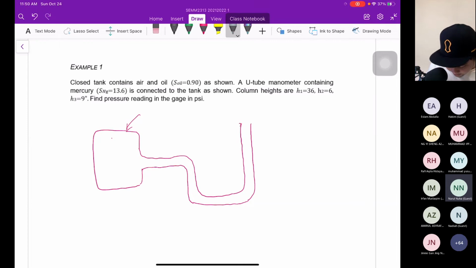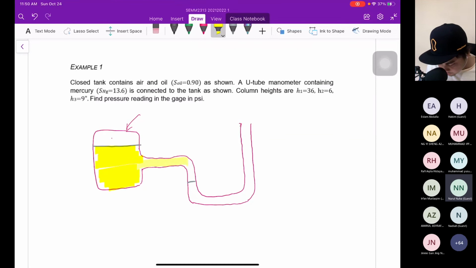Okay, let's say we have oil here. Definitely fill with oil, and then the manometer containing mercury. So let's say this is the mercury. From here to here we have mercury. This is oil.